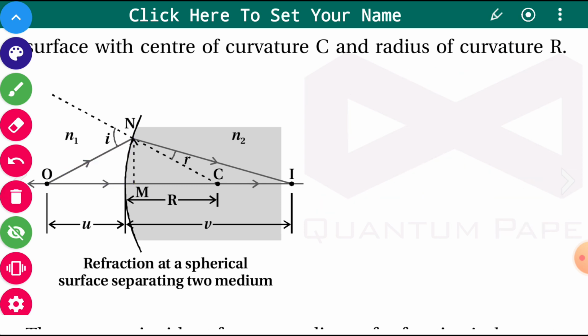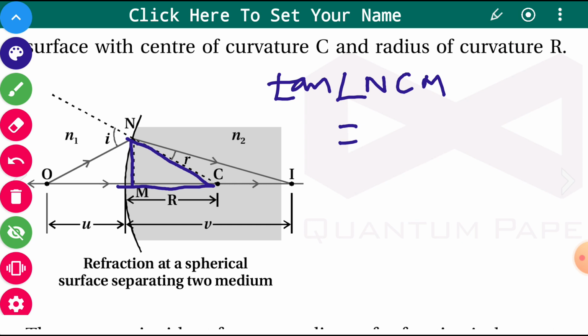Now similarly for the next angle, that is NCM. Try to understand NCM. So tan NCM is equal to opposite again MN upon adjacent, which here becomes CM.